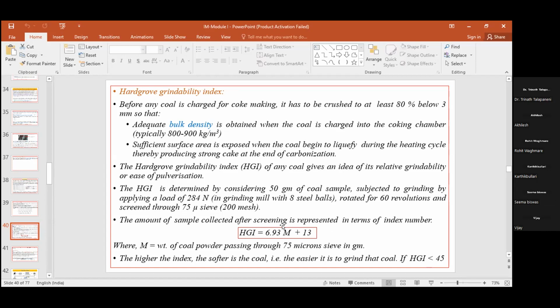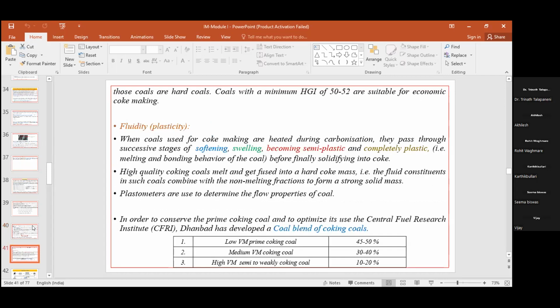So coals which have less than 45 are called hard coals, and coals with minimum HGI of 50 to 52 are called soft coals, and they are suitable for the coke making process.